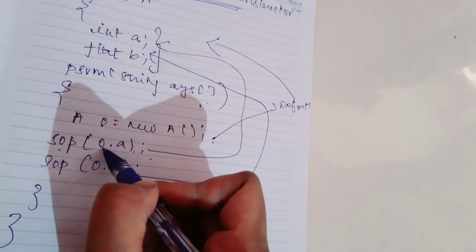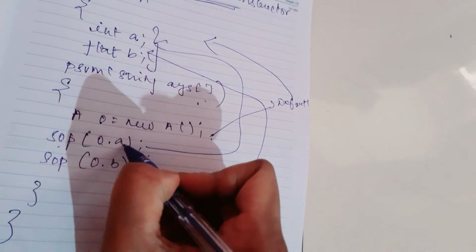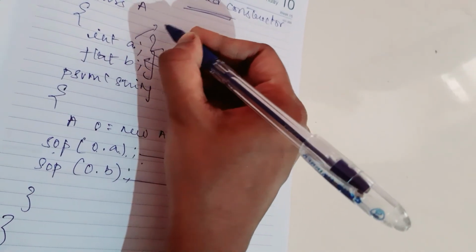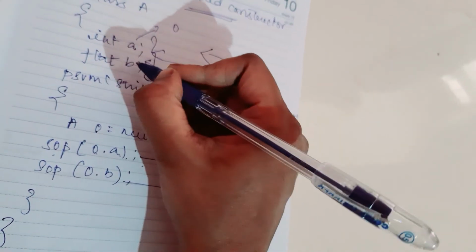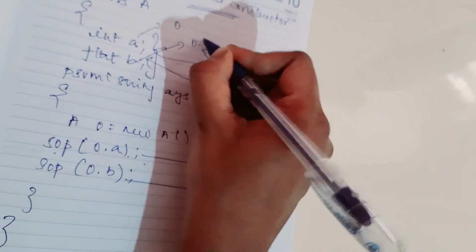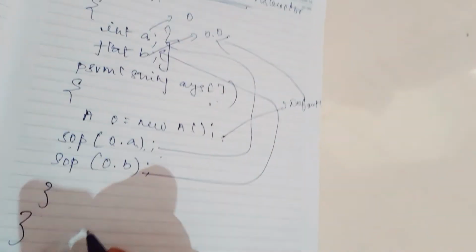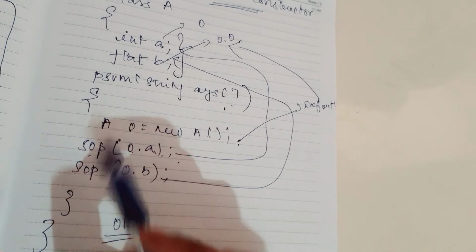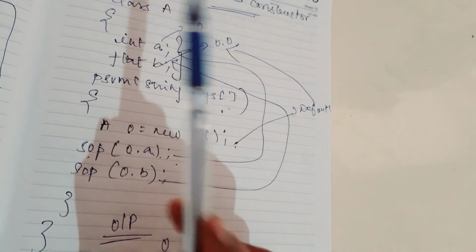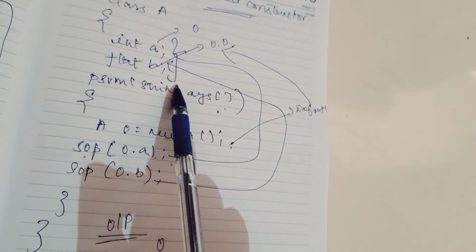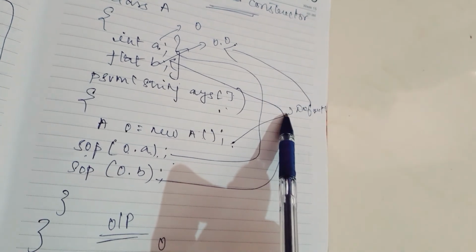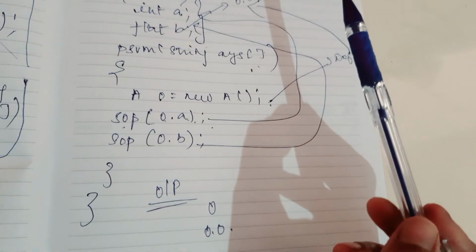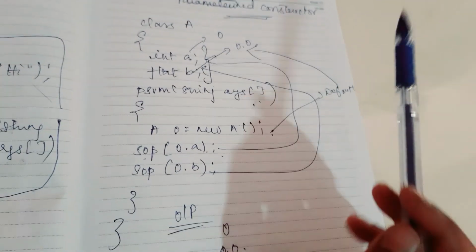The variable a will get the default value of integer, which is 0, and my float value will get the default value 0.0. So my output would be 0 and 0.0. Since there is no constructor here and I have not assigned any value to these instance variables, my default constructor will assign default values to them. That is all about the default constructor.